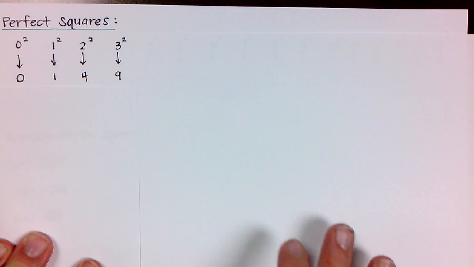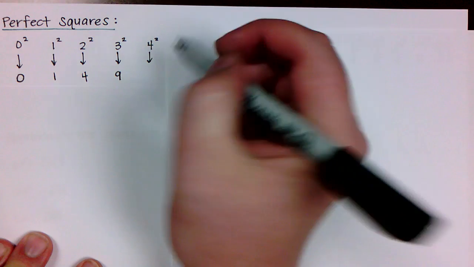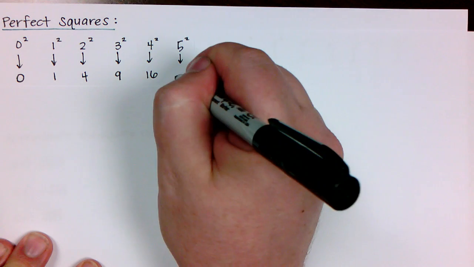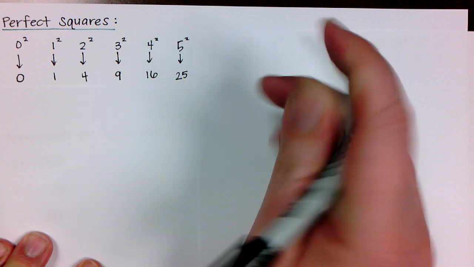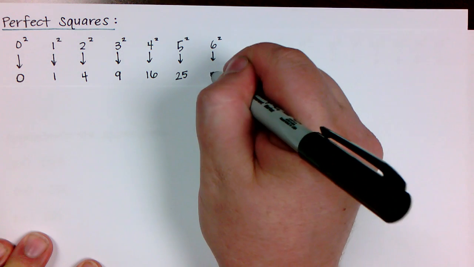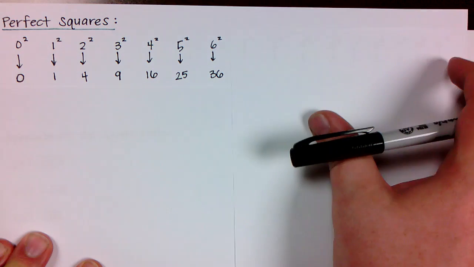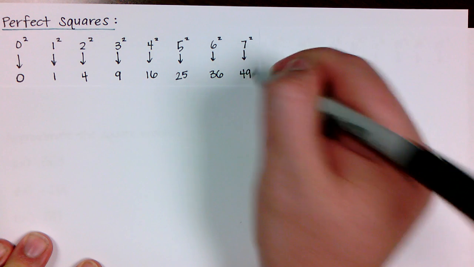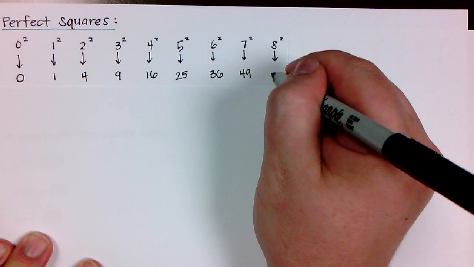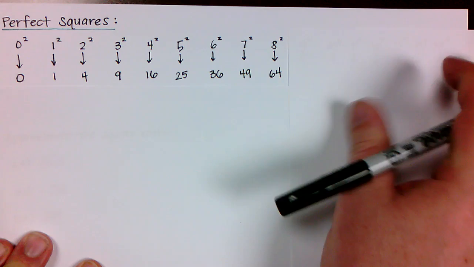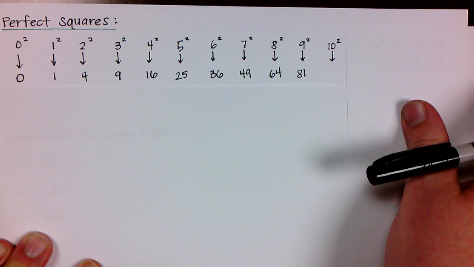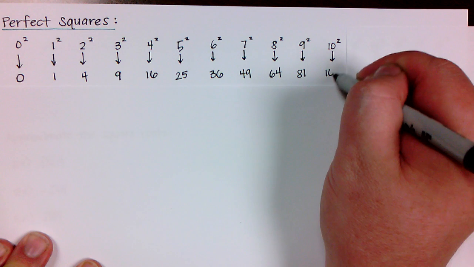So say to yourself what these are. 4 squared is 4 times 4, that's 16. 5 squared is 25. 6 squared is 36. 7 squared is 49. 8 squared is 64. 9 squared is 81. 10 squared is 100.